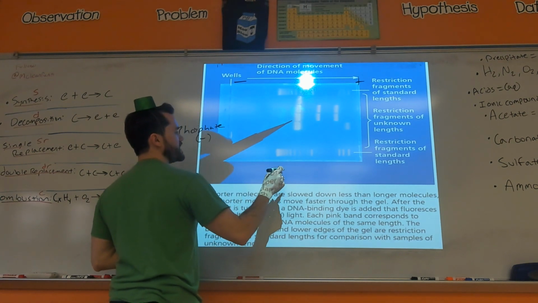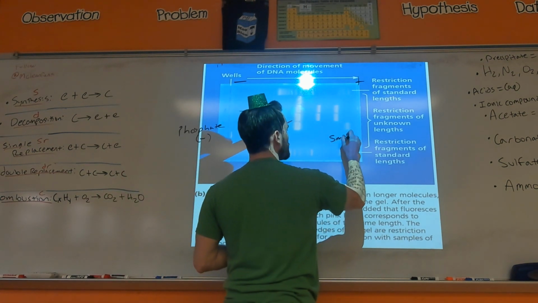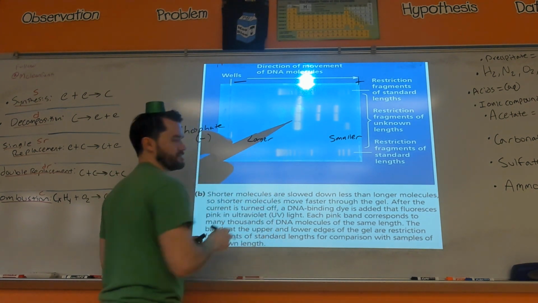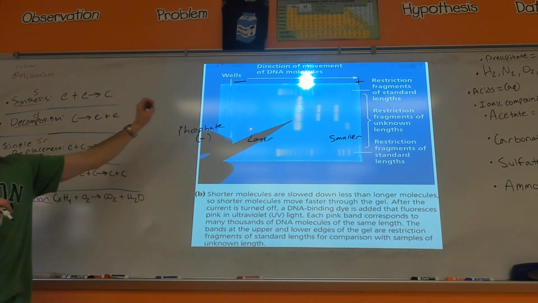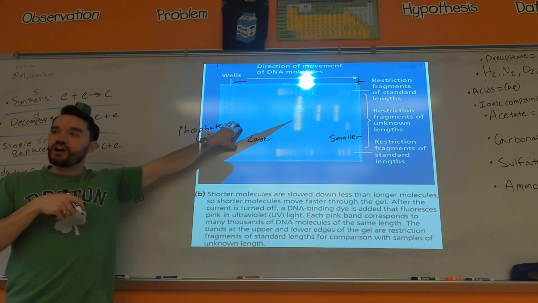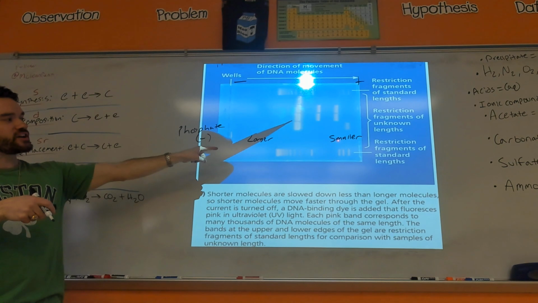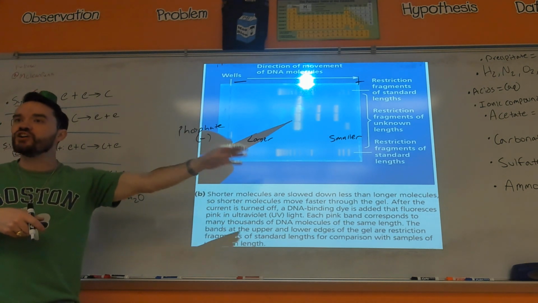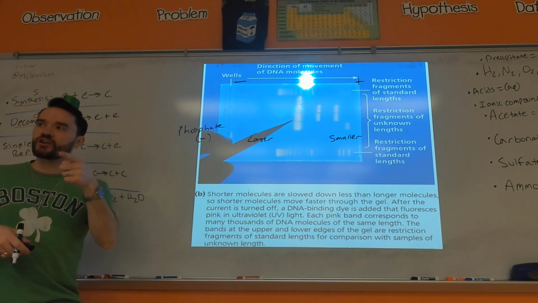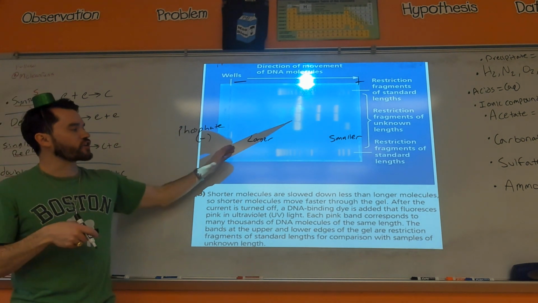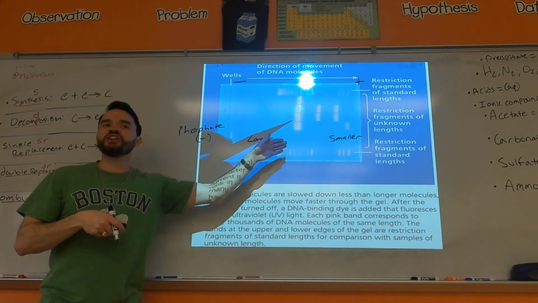Smaller fragments of DNA travel further, so these would be smaller. These would be larger fragments of DNA. Because the bigger you are, if you're a smaller DNA, this is a gel, smaller fragments can weave their way through the gel easier, so they can make it farther along the gel for the time period that you're running that current, compared to larger segments of DNA that are bigger, and so they have a harder time navigating through the gel, so they don't make it as far.